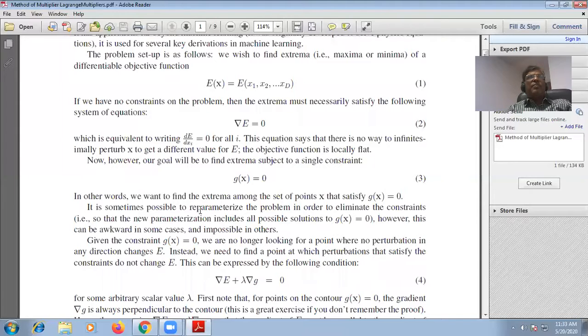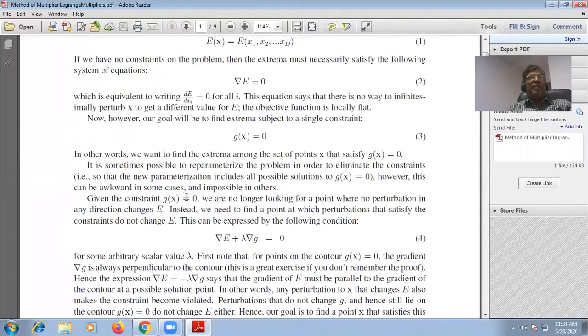It is sometimes possible to reparameterize the problem in order to eliminate the constraint. Try to understand the meaning of this term: reparameterize the parameters, the conditions you have already said. As we have taken here, g(x) is equal to 0.